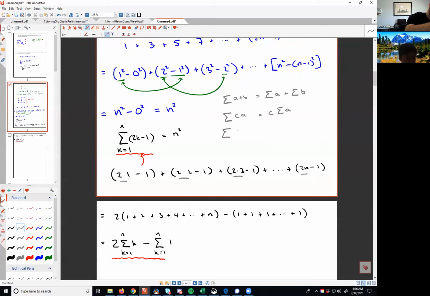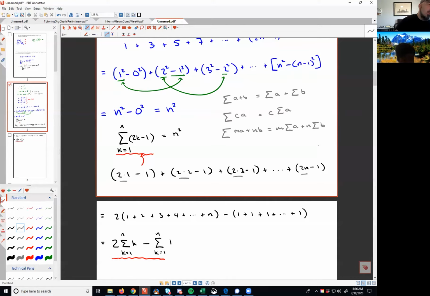And put these together, if we have a constant times A and a constant times B, and A and B might be related to the index variable k, so long as M and N are constants, we can pull them out like that and set ourselves up with simpler, more organized summations if we want.